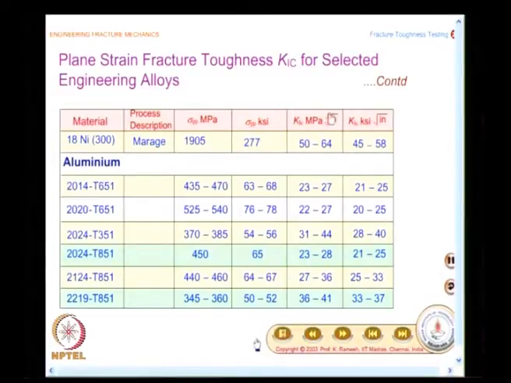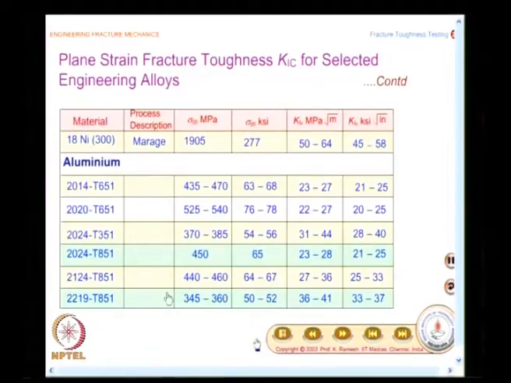The fracture toughness is far below that of steel, you have it only from 23 to 27 MPa root meter. So, the knowledge base you should keep in mind is fracture toughness for steel is quite high in comparison to aluminum, which we had seen graphically also earlier.